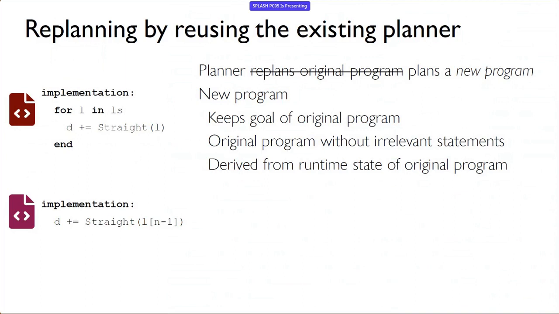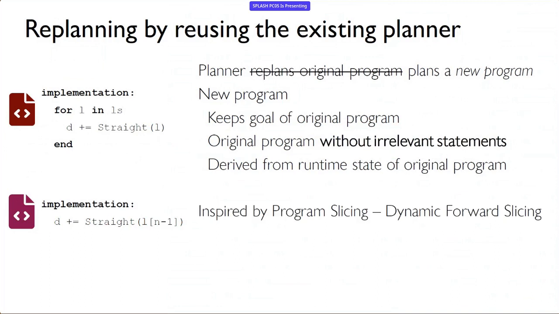Writing planners and replanners is not an easy task. But we already have a planner, and we wanted to reuse it to solve the problem of dynamically replanned missions. So we generate a new program from the original program that keeps the goal of that program from a certain point of execution.